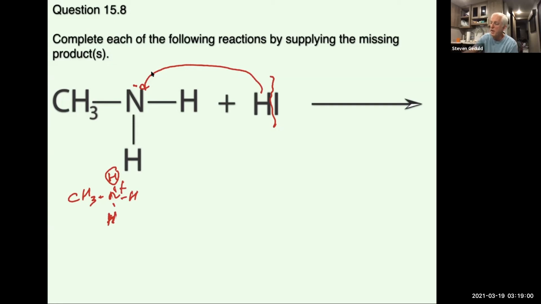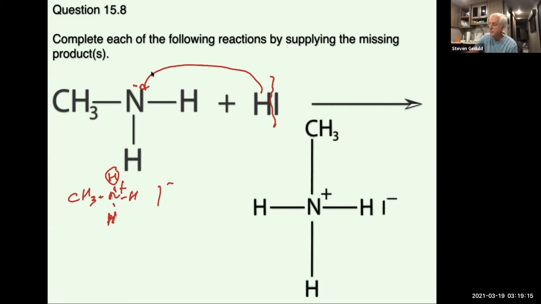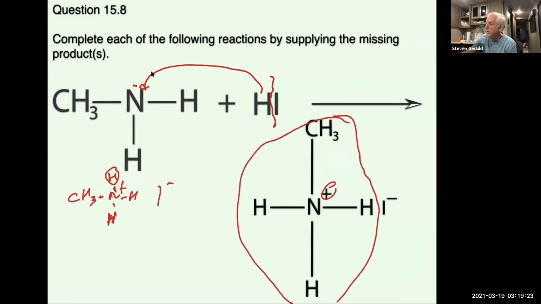And then you've got I minus forming your salt. So that's methyl ammonium iodide. Again, here's your ammonium compound, positive charge, and your iodine negative charge, your anion.